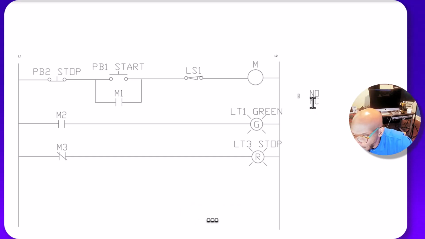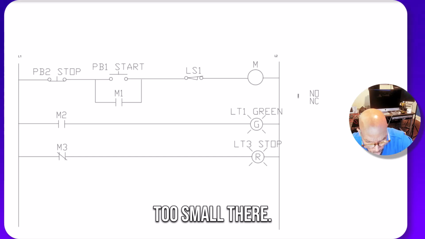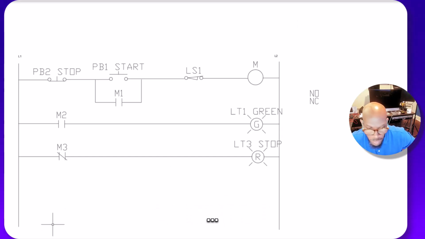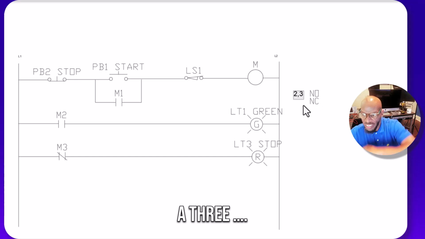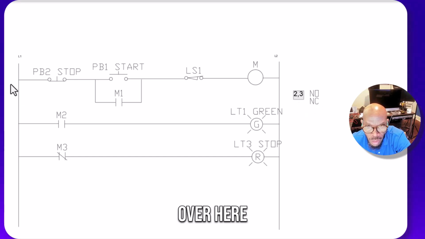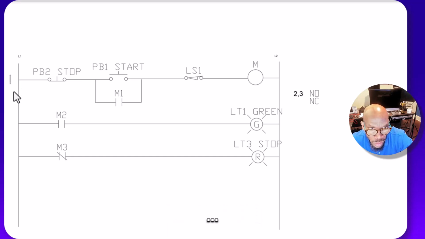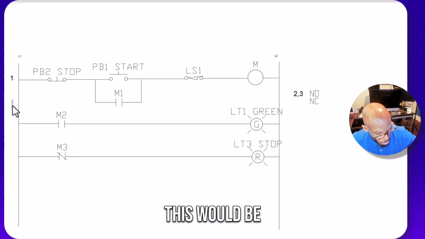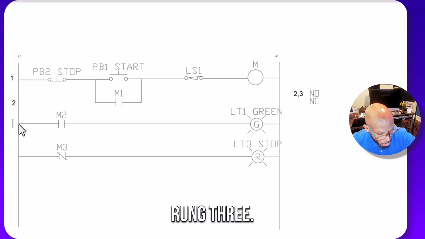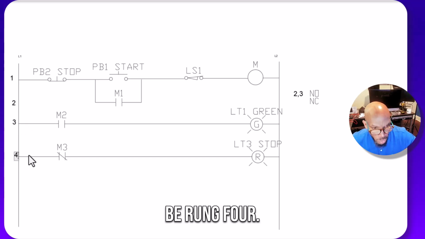So you've got a 2 and a 3. And so this over here, this would be rung 1. That would be rung 1. This would be rung 2. This would be rung 3. And this would be rung 4.